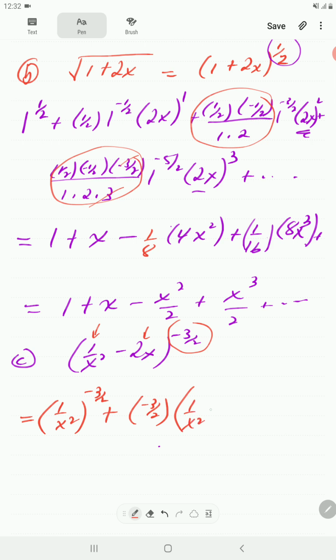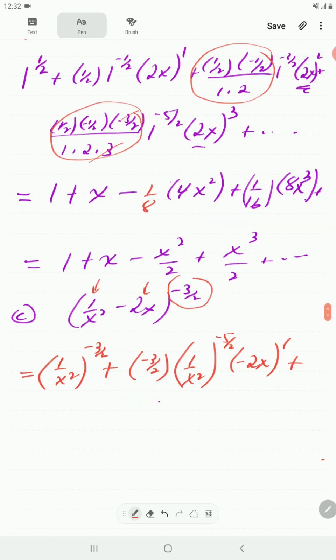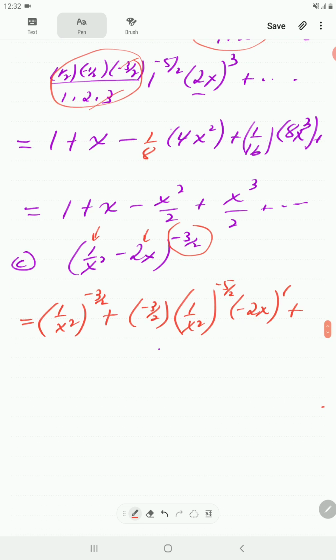This 1 over x squared term, the powers are going down, so negative 3/2 minus 1 is negative 5/2. This is going to be negative 2x to the power 1. So that's term number 2.